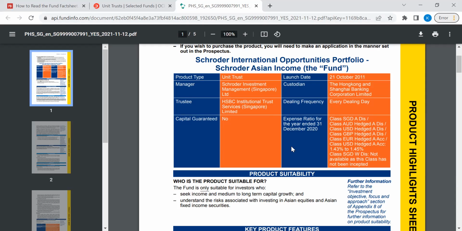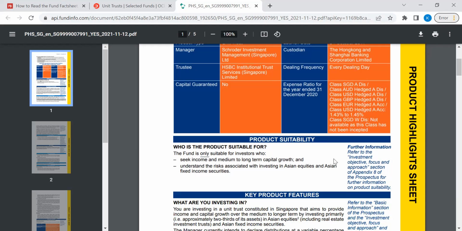They will deduct a little bit every day. So if this is 1.4% per annum, you just divide the 1.4% per annum over 365 days. So the deduction per day is very minimal. You won't be able to see it, but it's being deducted on a daily basis.